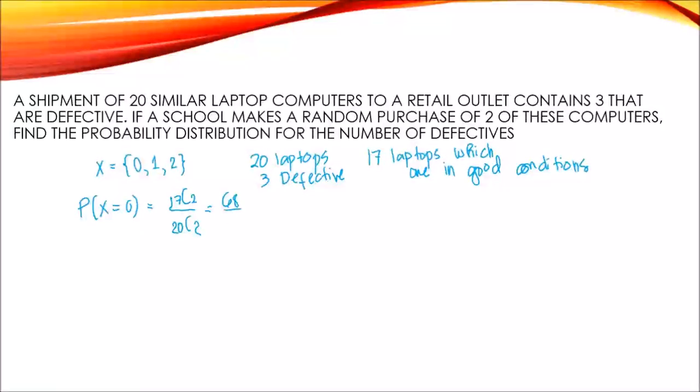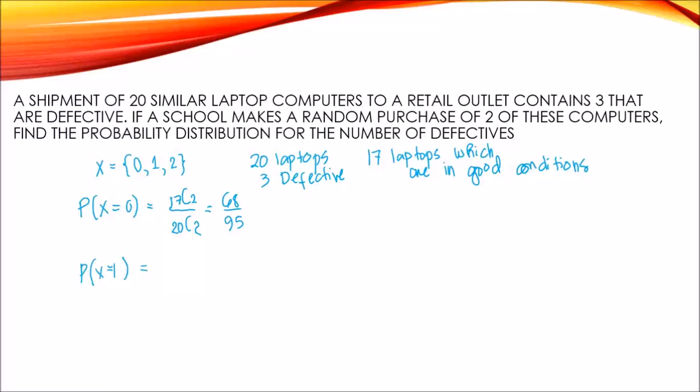That is 68 over 95 the probability that both laptops we get are in good condition. Okay, next we have for random variable x equal to 1.